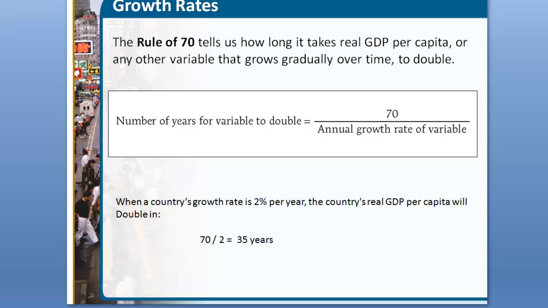Note that we do not change 2% to 0.02 and then divide. We use 2 as a whole number in the equation. 70 divided by 2 equals 35.